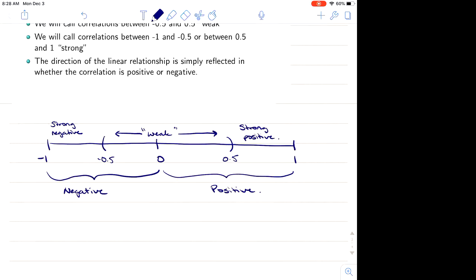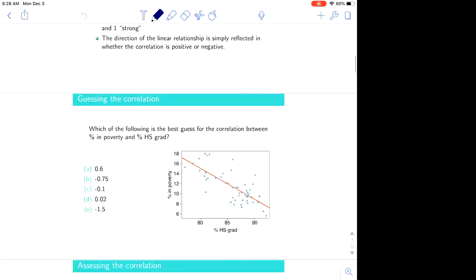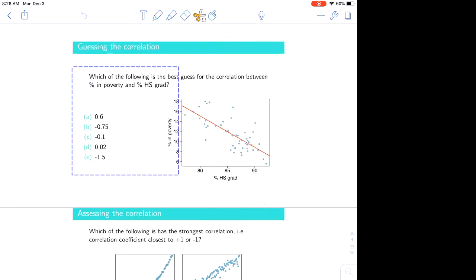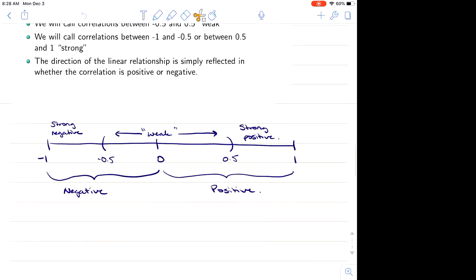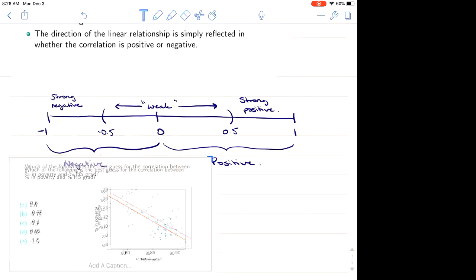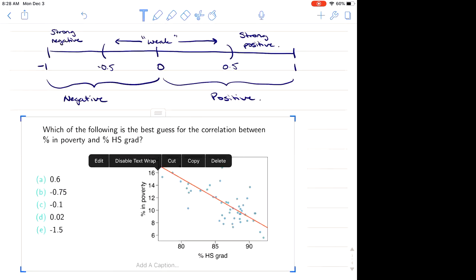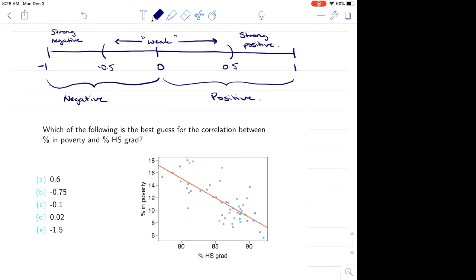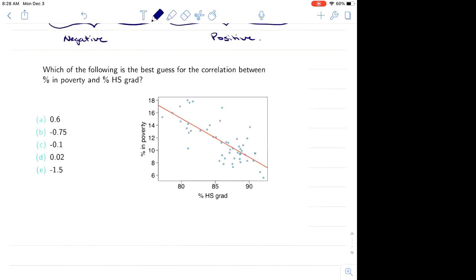So let's have a little guessing game. Which of the following is the best guess, we're just guessing, for the correlation between the percentage in poverty and the percentage of high school grads?